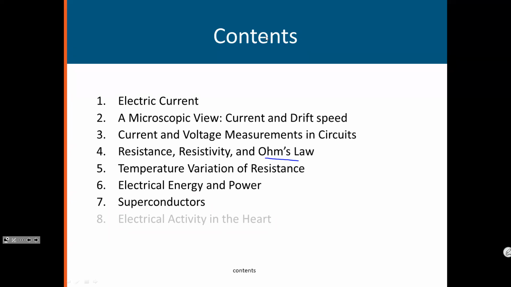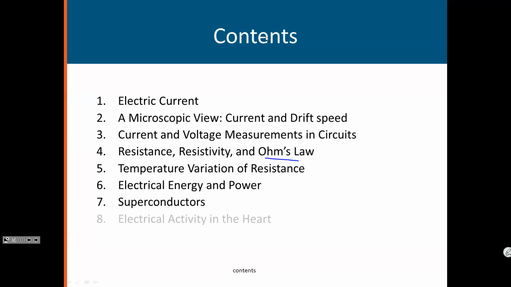Number 5, we will look at how resistance varies when we vary the temperature. So the variation of resistance with temperature. And number 6, electrical energy and power. Where we have energy, we have to talk about power. Power is how fast the energy is transferred. And then finally, superconductors is a new class of conductors, which is called the superconductors.